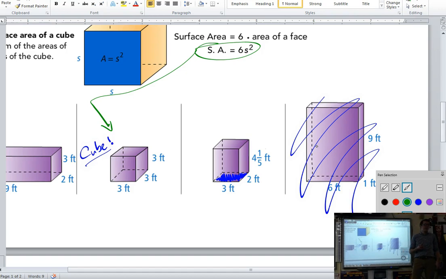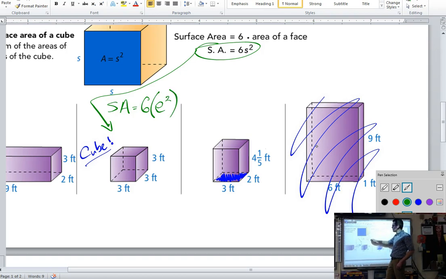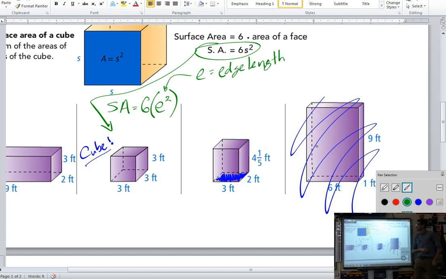A 5. If you're not careful, your S's and your 5s get confused. So I would here rewrite your surface area formula as 6 times the edge length squared. And I'm going to notate that E equals edge length. So whereas S was side length, I can do the same thing with E being edge length.